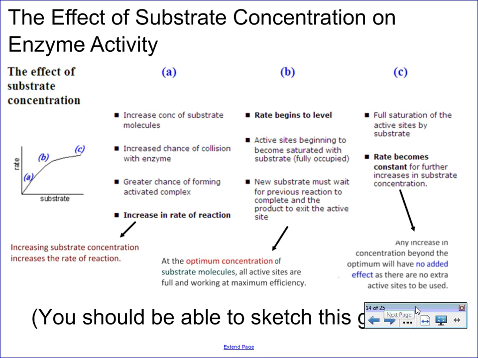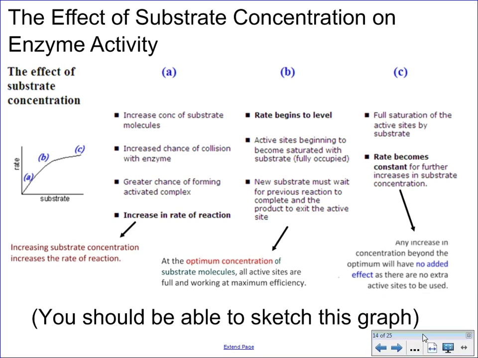So the last effect that we'll look at is the effect of substrate concentration on enzyme activity. And here we have a figure demonstrating what happens as substrate concentration increases versus the rate of enzyme activity.